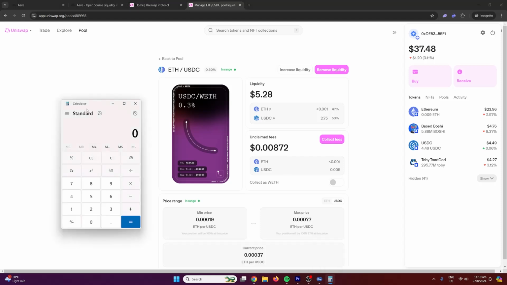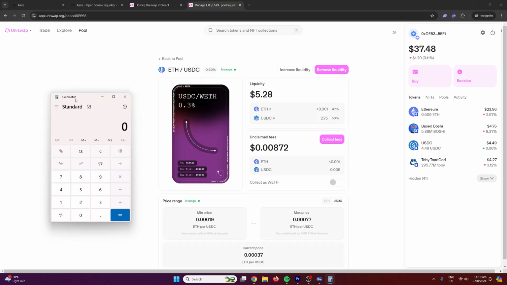So just a quick math for you guys. 0.00872 divided by 5.28 divided by 100. So in 1 week, you get about 0.165%. And if you multiply by 52 weeks, then you can get your annual return, which is around 8.5% plus minus. And these returns are very dependent on the amount of volume that is flowing through the liquidity pool that you have provided for.